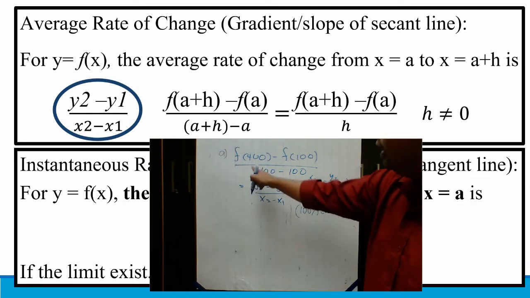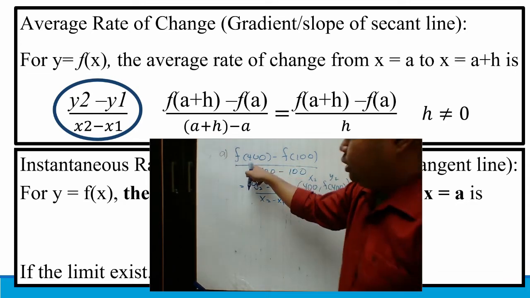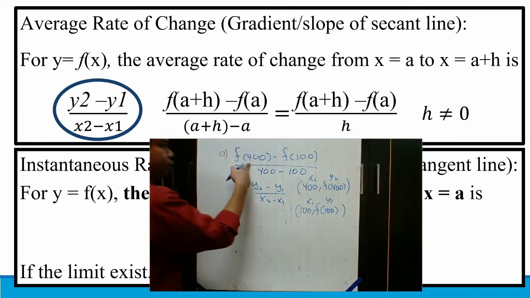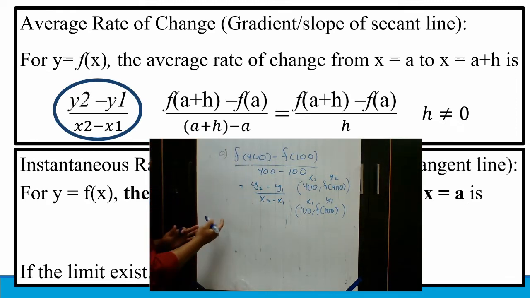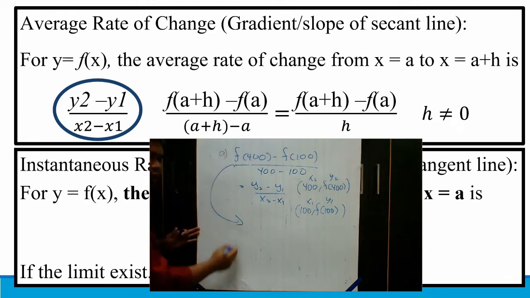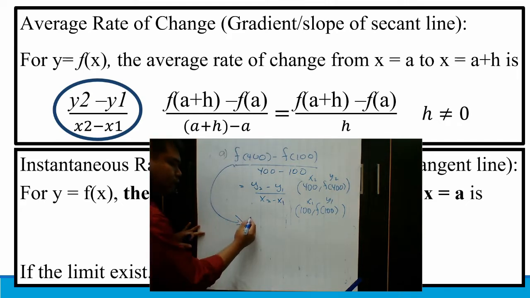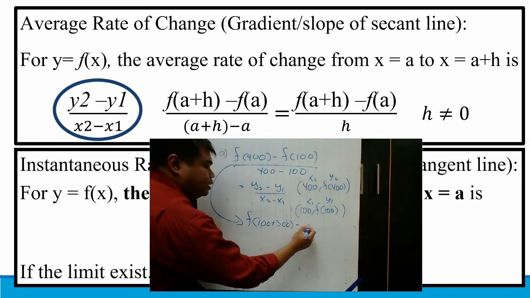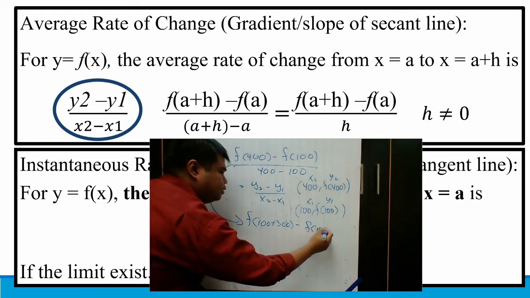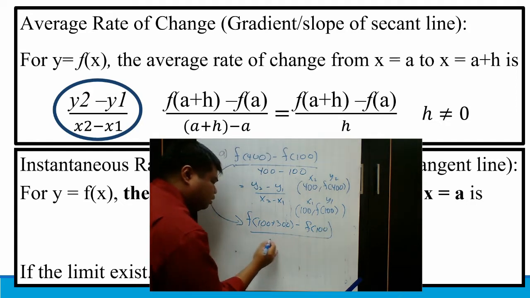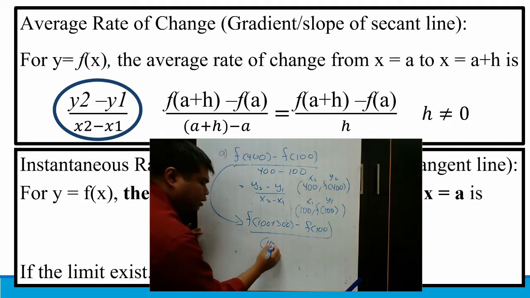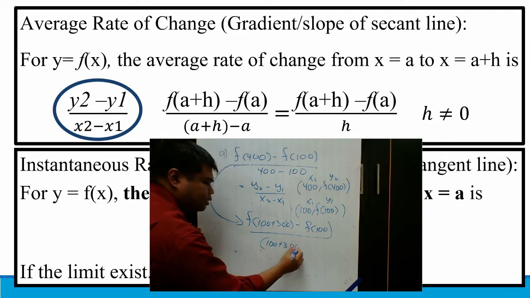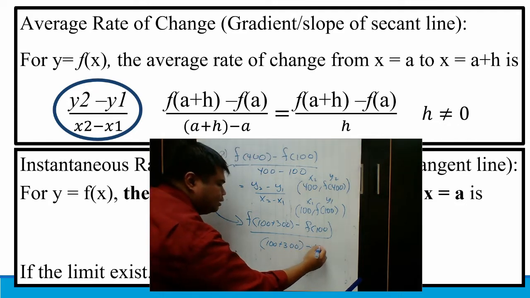If you look at this one, I put it at the front, it looks like f(100 plus 300) minus f(100), which is 100 plus 300 minus 100.